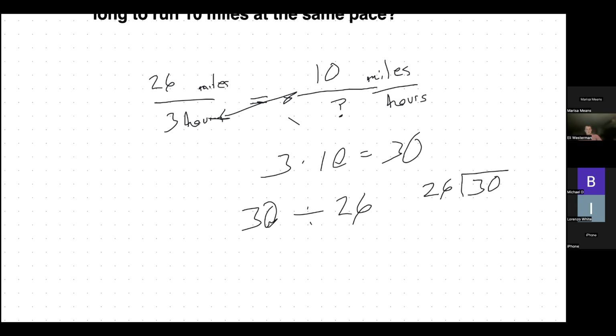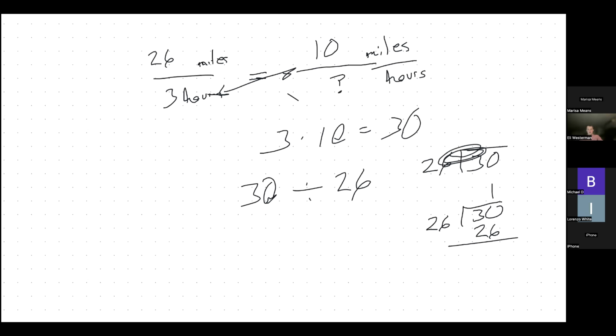So 26 goes into 30 once. 26, that's a 4. Add a decimal, bring down a 0. So 26 goes into 40 once.